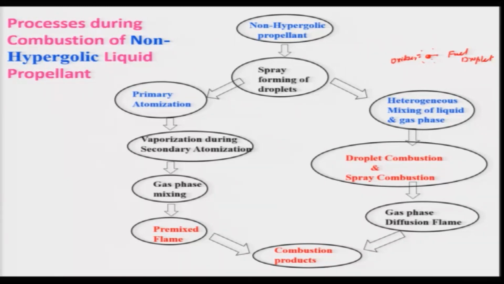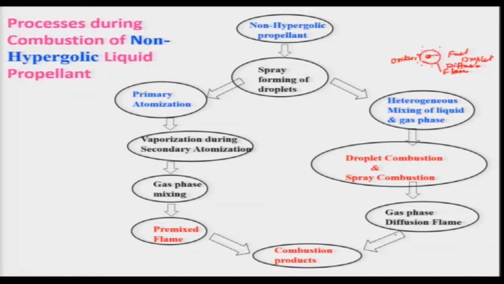If that is the case, there might be a flame occurring. That is droplet combustion, this is your flame, and there might be several droplets together but nearby, such that there might be group combustion taking place, or spray combustion, and these are known as the diffusion flame. This is diffusion flame.